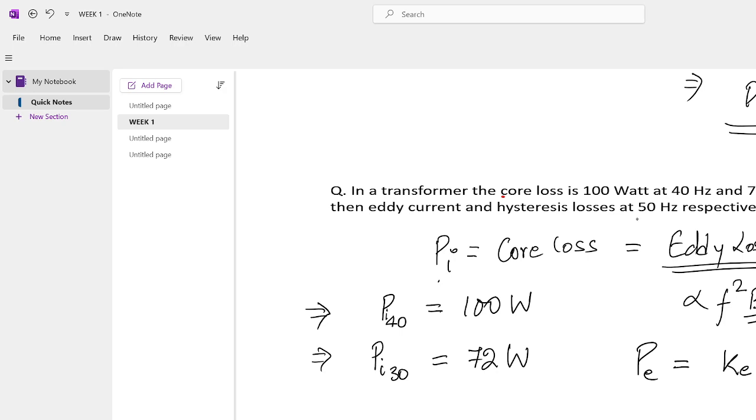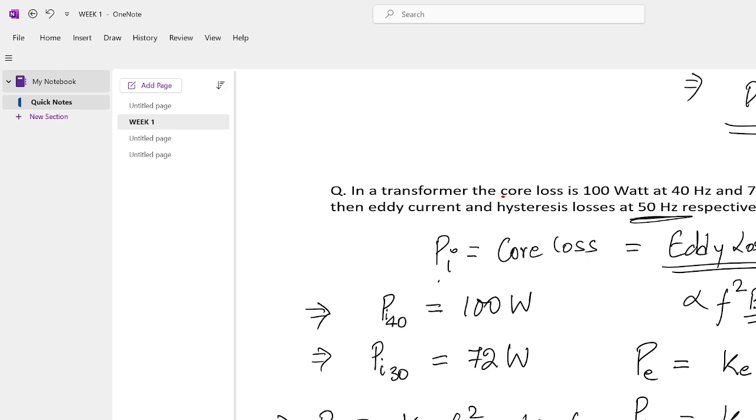We are varying only the frequency, not the operating flux density. So hysteresis loss is Kh into F. Can I write Pi as Ke F square plus Kh F? Yes or no? Please respond. Yes, sir.